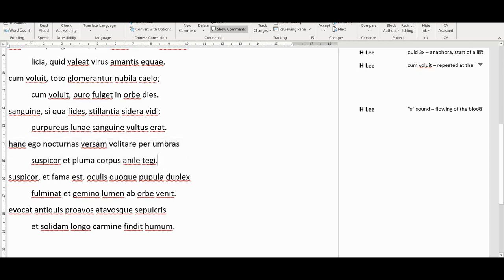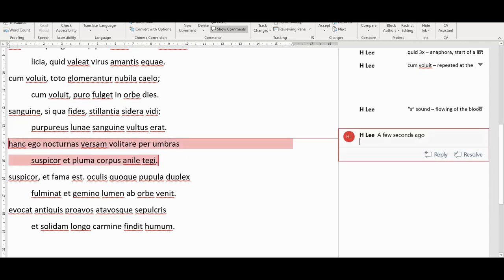All right, so let me try and make a comment. So couplet is a sentence here, so the sentence equals a couplet listing two things that Ovid suspects.